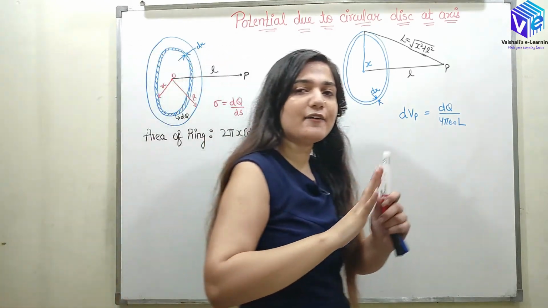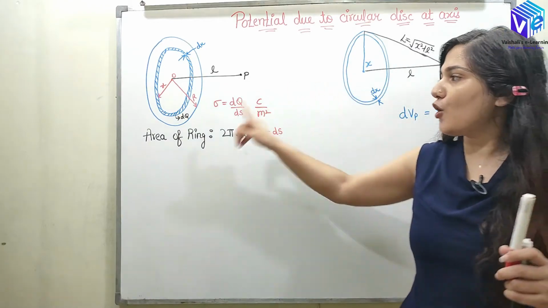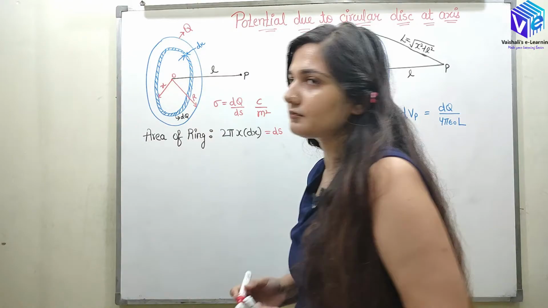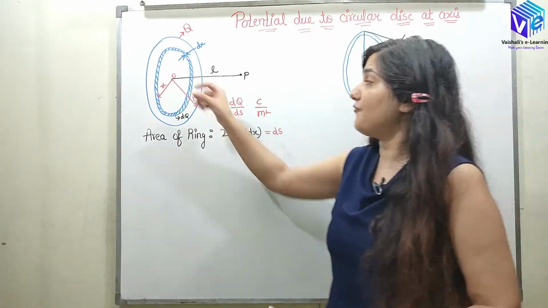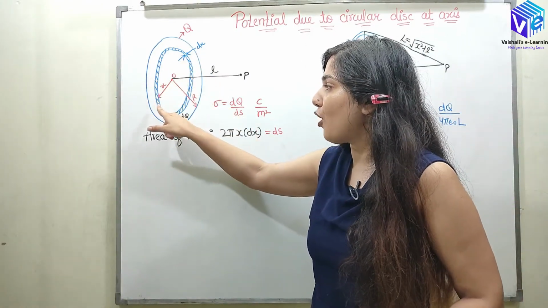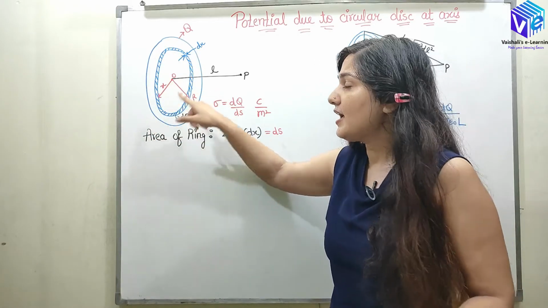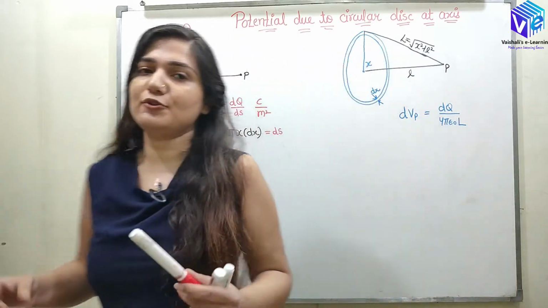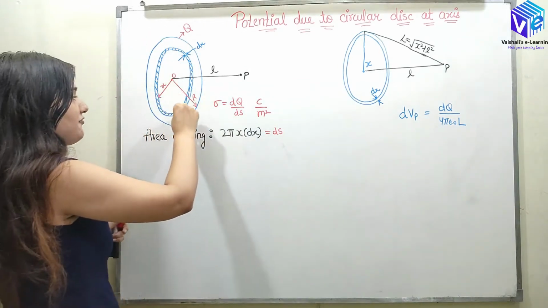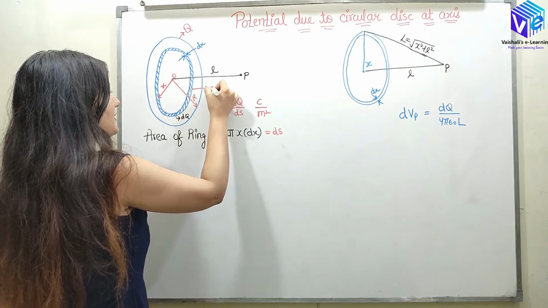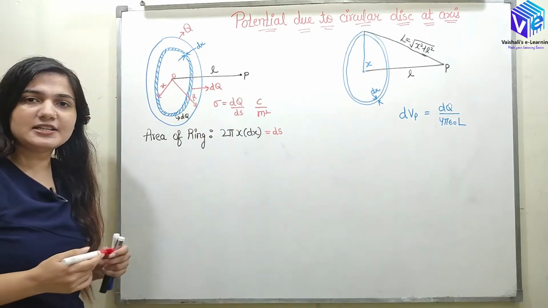The overall charge present on the full disk was q. If I take an infinitesimal width of ring from this circular disk, the charge is uniformly distributed, so the charge on this ring will be dq.